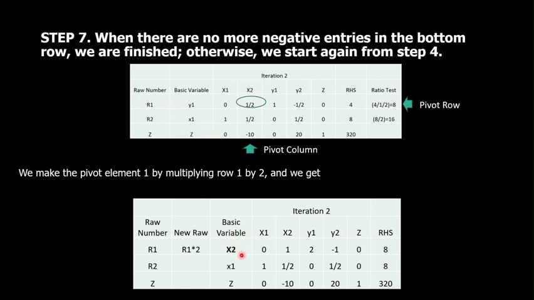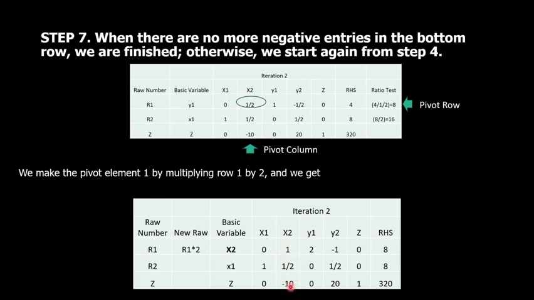We will add x2 to the basic variable set, and we have to convert the column of x2 to be in the basic variables format. The pivot element must be 1. We can do this by multiplying the first row by 2. If we do so, we'll have this new row.